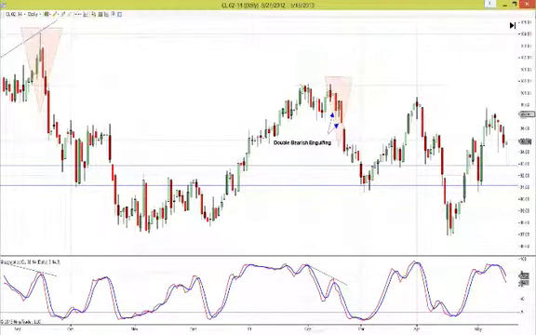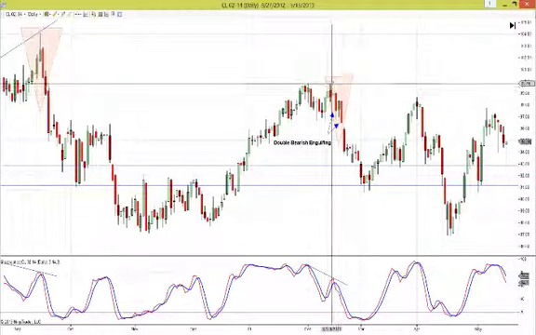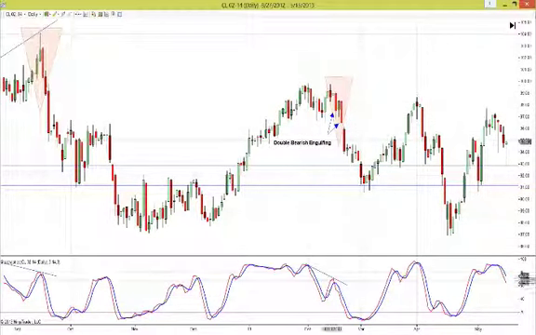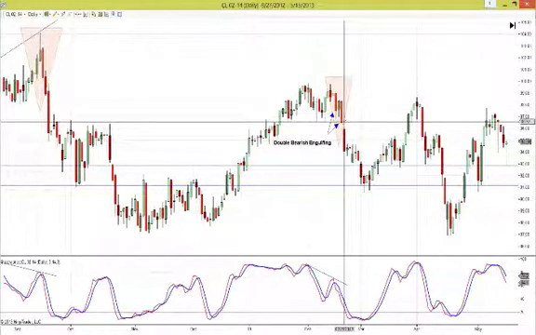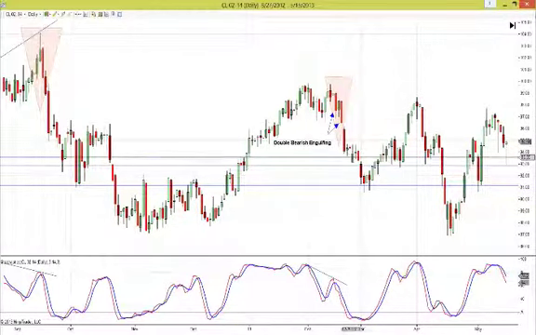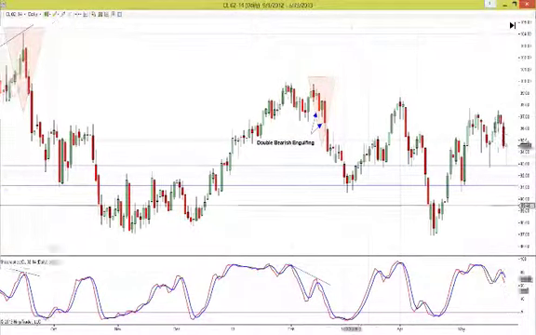So you can see the market tried to go back up, but Stochastic did not confirm it, and then we had this engulfing pattern here that was followed by another engulfing one, which pretty much told us that's a great signal to go down.